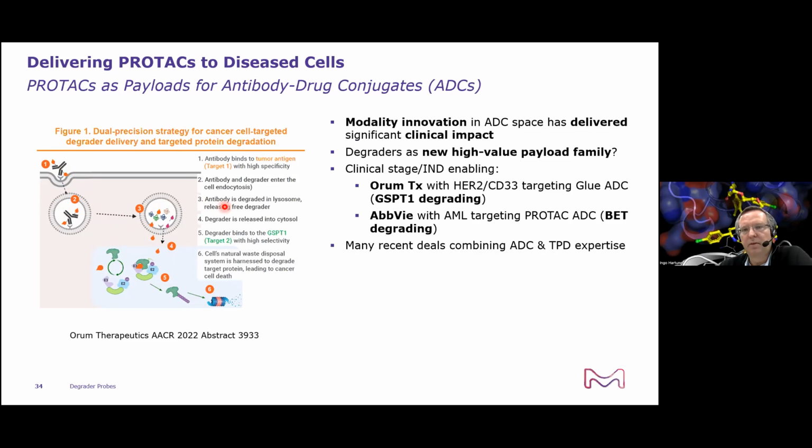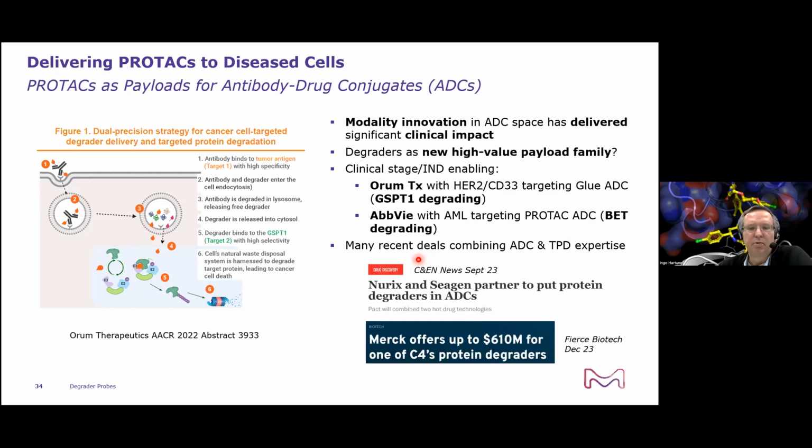There has been tremendous modality innovation in the ADC space with significant clinical impact now also reaching solid tumor indications. There have been now the first assets where degraders are used as payloads for ADCs in clinical testing. One is using a GSPT1 glue degrader, and then AbbVie recently put a PROTAC ADC in the clinics where it's relatively likely that it's CD33 targeting and it carries a BRD4 PROTAC.